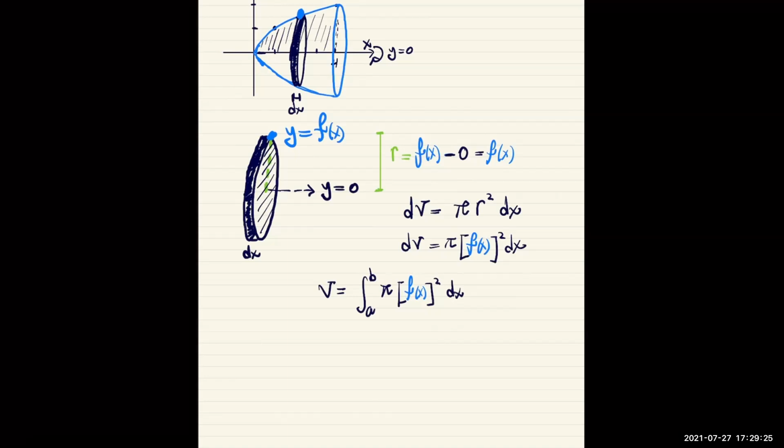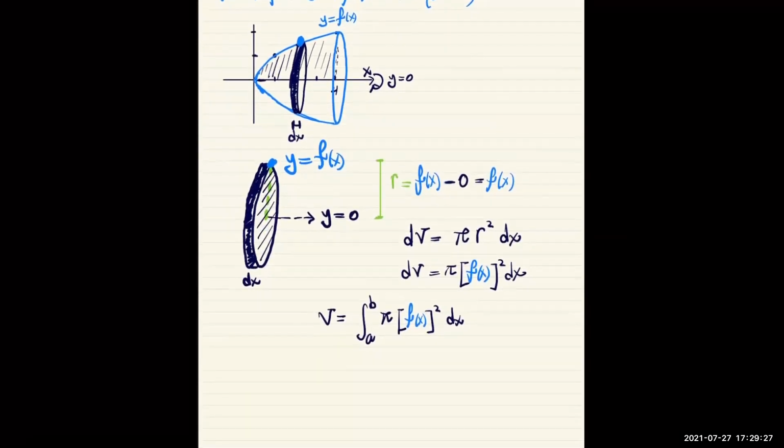The reason is that the axis of revolution is not always y equal to 0. If it's not, then you have to do f of x minus whatever that number is, and trying to memorize that formula and variations of it is not easy.